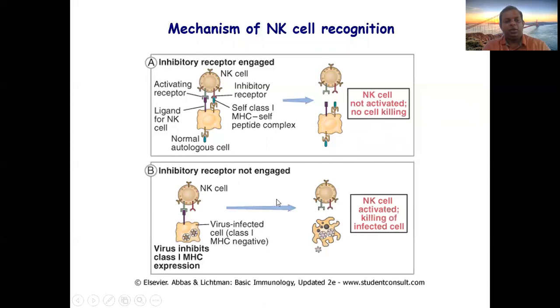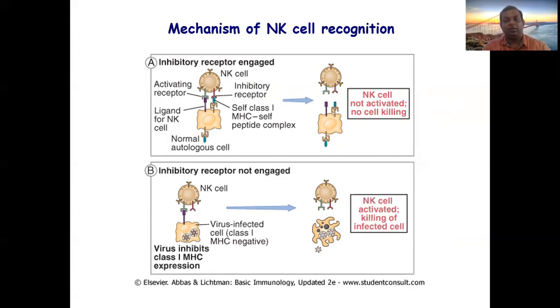But once the cell is virally infected, this MHC class 1 disappears, so the flag is unflagged. Now when the NK cell comes and searches for this, it senses that some change has happened.